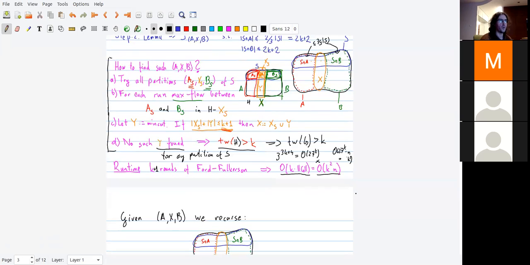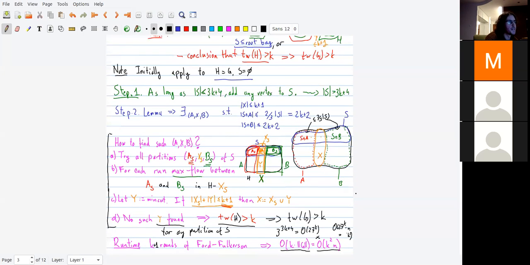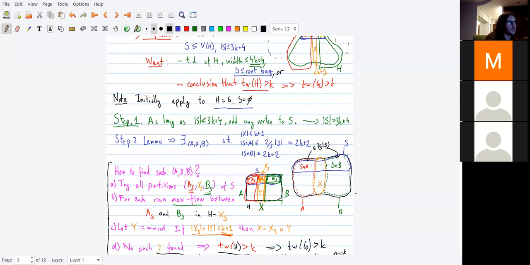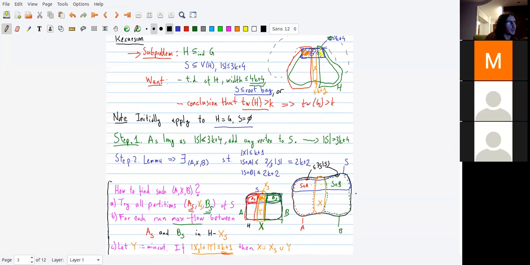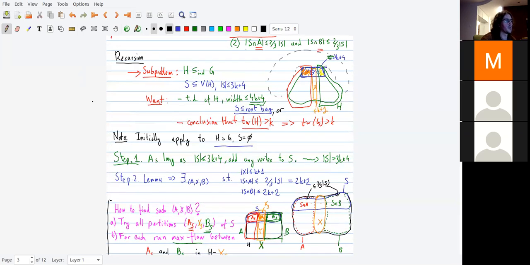Good. So any questions at this point? Can you repeat what was our aim? Like, we either show that the treewidth is large or what? We did not finish the algorithm so far. Yeah, I missed the beginning. So we are given a subgraph, as a subset of its vertices that sort of represents the interface to the rest of the graph.